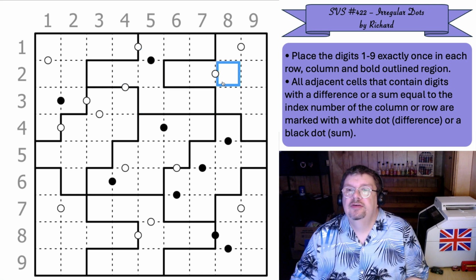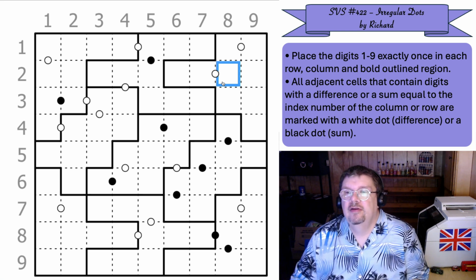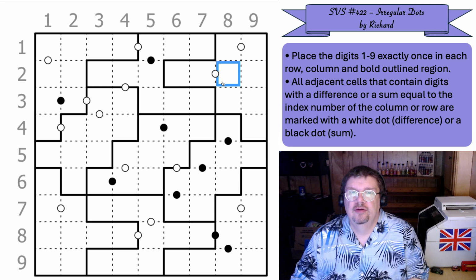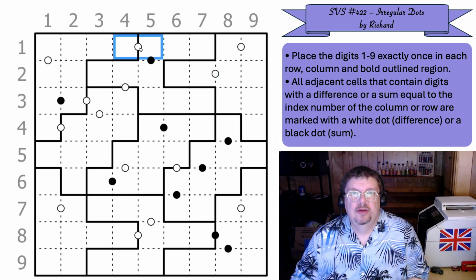All adjacent cells that contain digits with a difference or sum to the index number of the column or row are marked with a white dot for difference or a black dot for sum. What does that mean? In row 1, this white dot is saying that these two digits have a difference of 1.